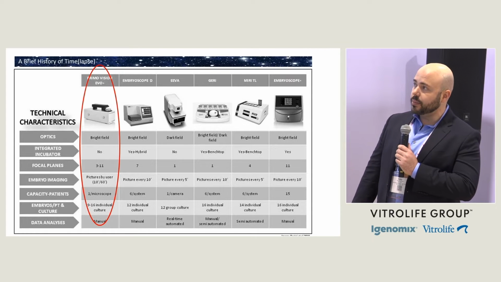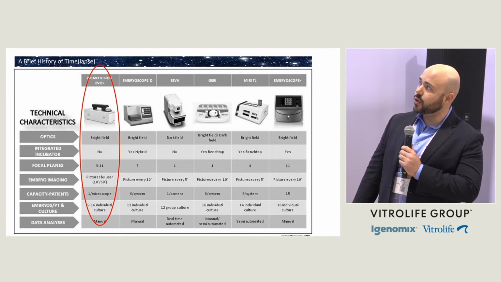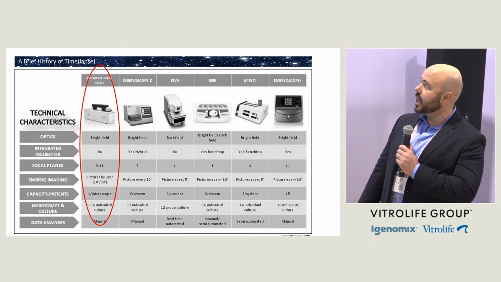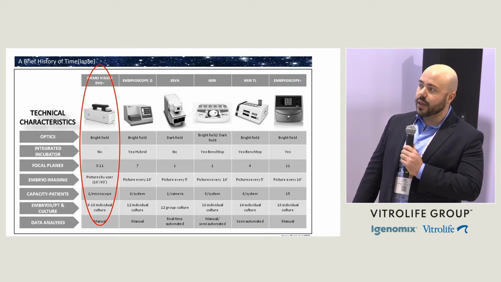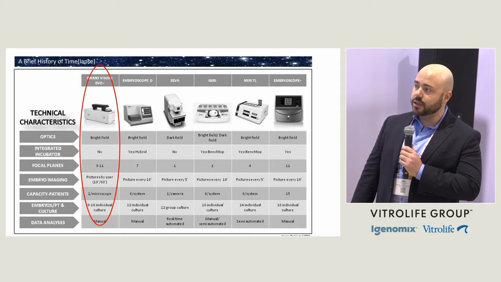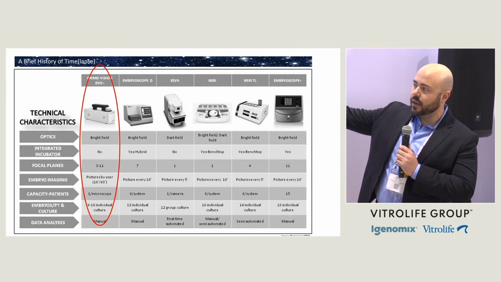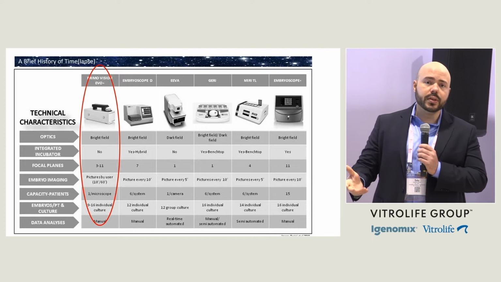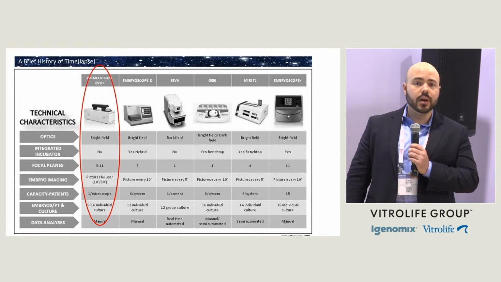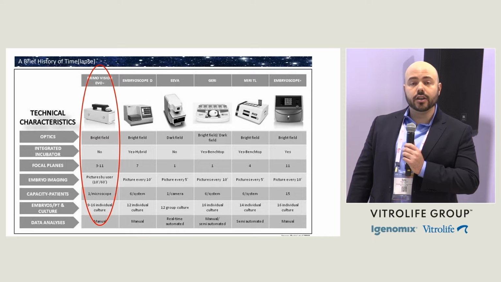As described here, we have PrimaVision, Embryoscope, EVA, Geri, Miri time-lapse, and also the Embryoscope. Then you can see how many patients and cultures are described on this last line, as well as what is most important that we are talking about now, which is artificial intelligence.